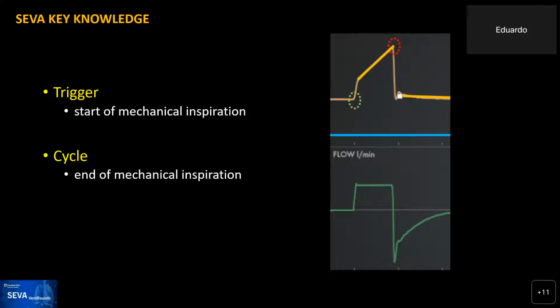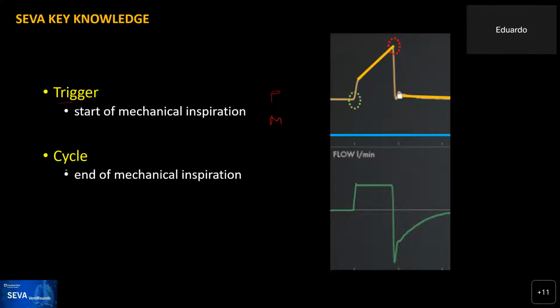Usual SEVA VentRounds, we're starting now with a little bit of key knowledge, and I just want to point out to the team we're going to be talking today about synchrony. What is trigger is essentially the start of mechanical inspiration, and it can be done either by the patient, meaning effort, or by the machine, meaning the rate that you have set on the ventilator.